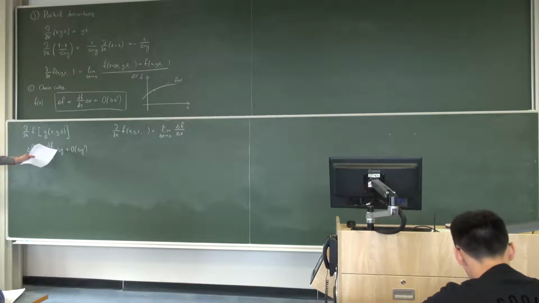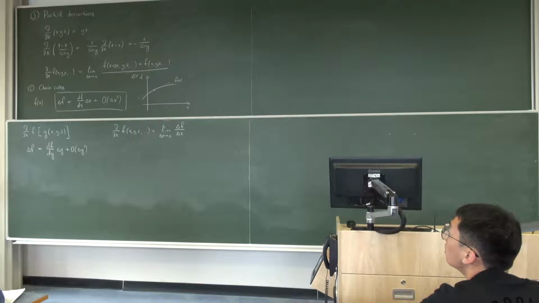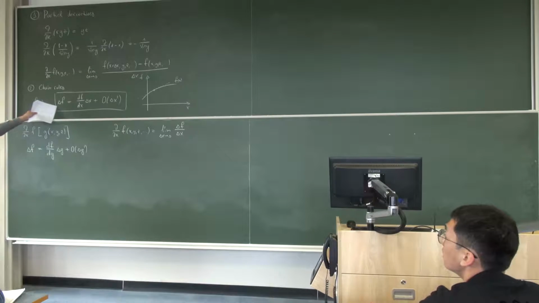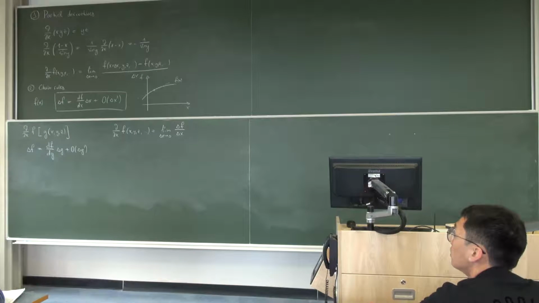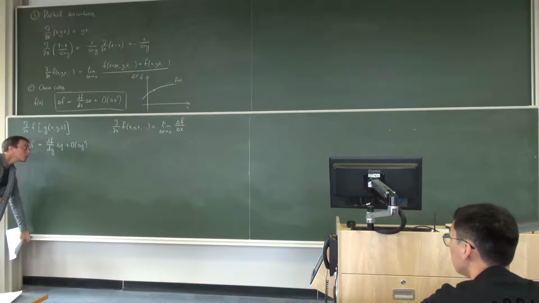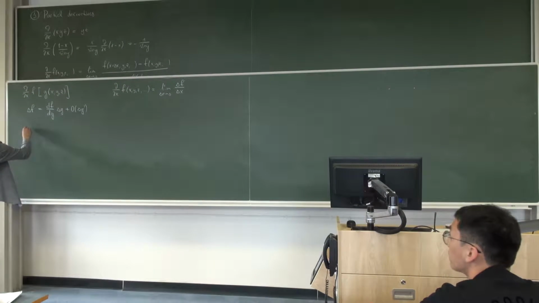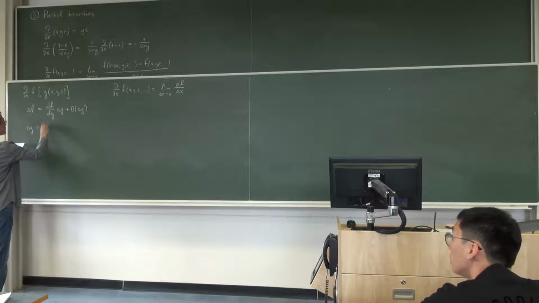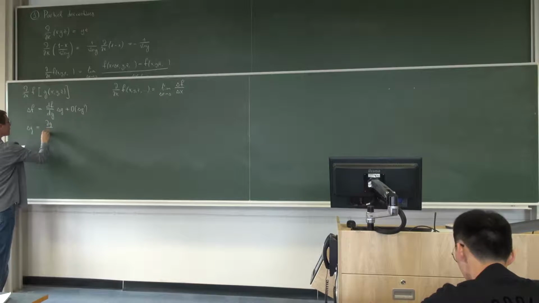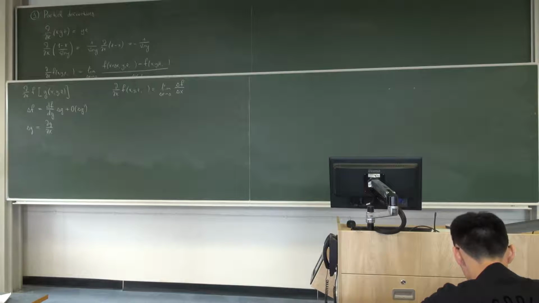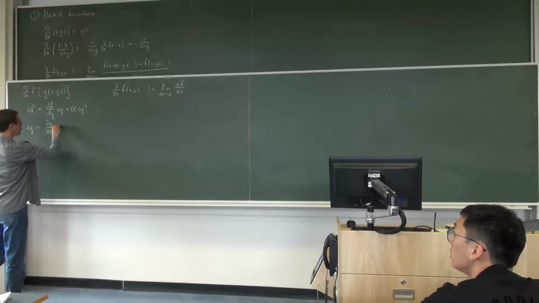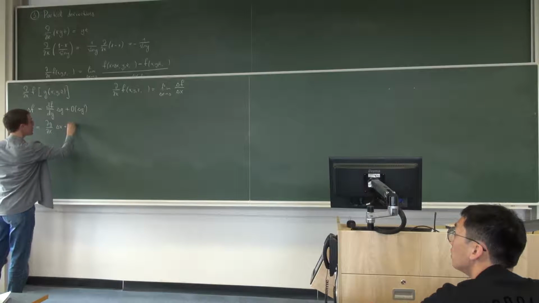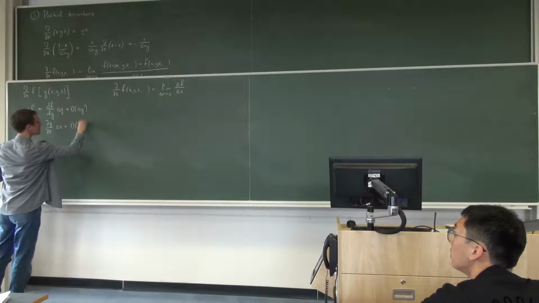But delta g itself is also a function, and we can apply the same formula now to g. We can say that delta g itself is also dg by dx. Notice the partial derivative because it depends on multiple things. Delta x plus something of the order of delta x squared.